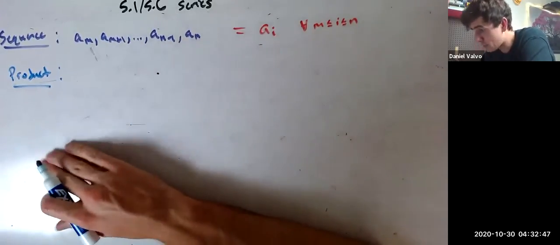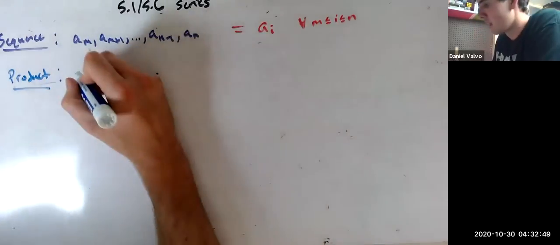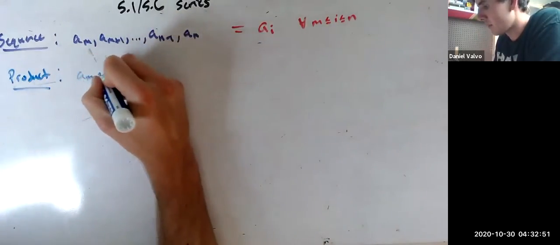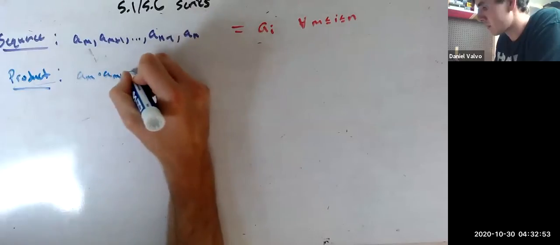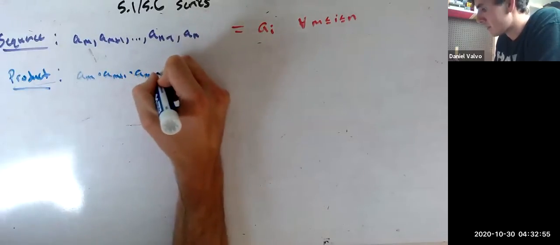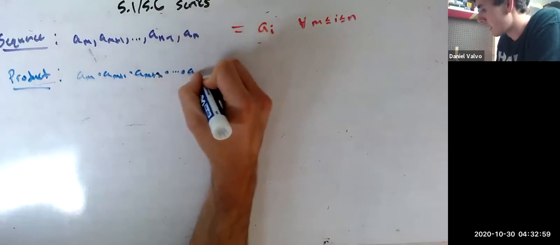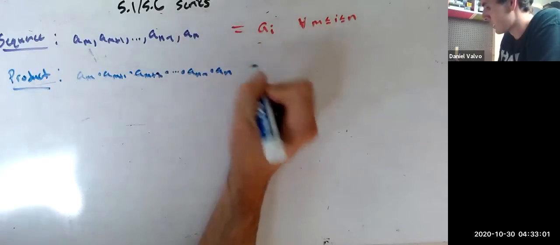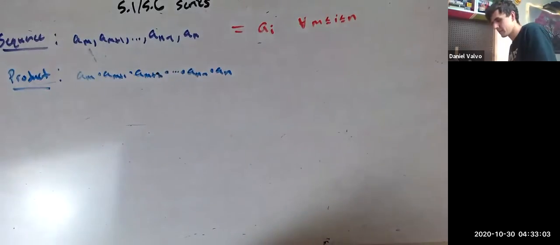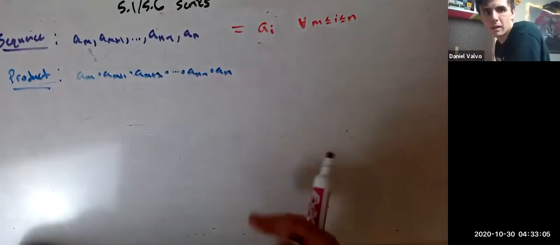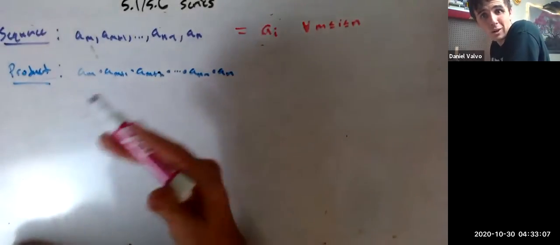So what I mean by that is the product multiplying over this sequence would be a_m times a_(m+1) times a_(m+2) all the way out to a_(n-1) times a_n. So that's the product going over all these.